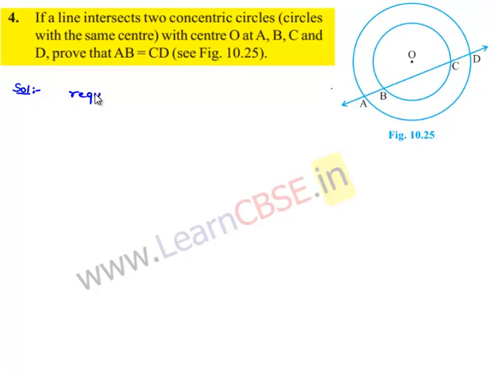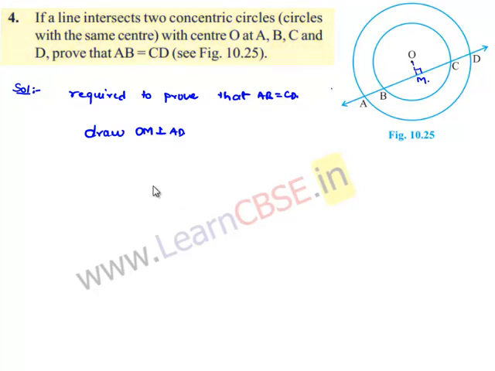Therefore here we are required to prove that AB is equal to CD. In order to do this, firstly draw OM perpendicular to AD. Now in the first concentric circle, let us consider that OM is perpendicular to BC.